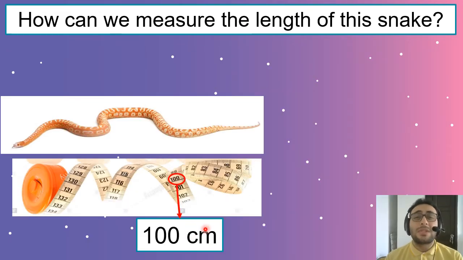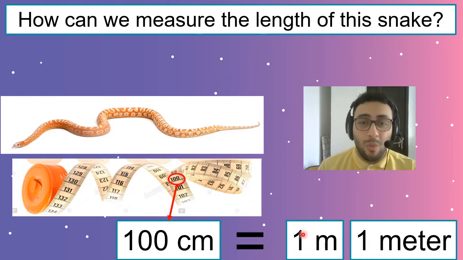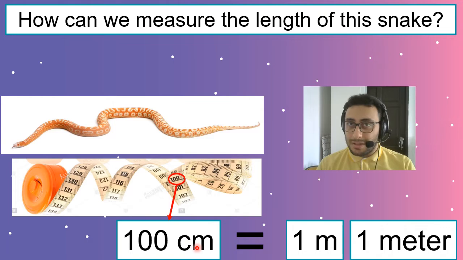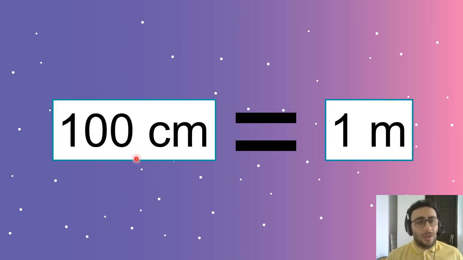Now, instead of saying 100 centimeters, we can just say 1 meter. 1 meter, which is 1 m. So, 1 meter is 100 centimeters. And 100 centimeters is 1 meter. Super easy. So, as I said, 100 centimeters equals 1 meter.